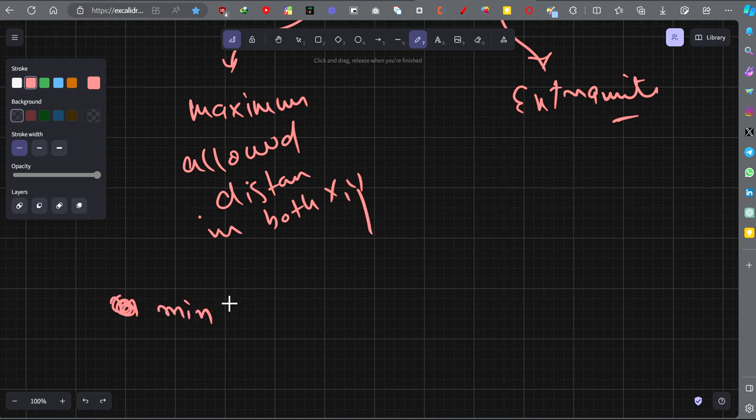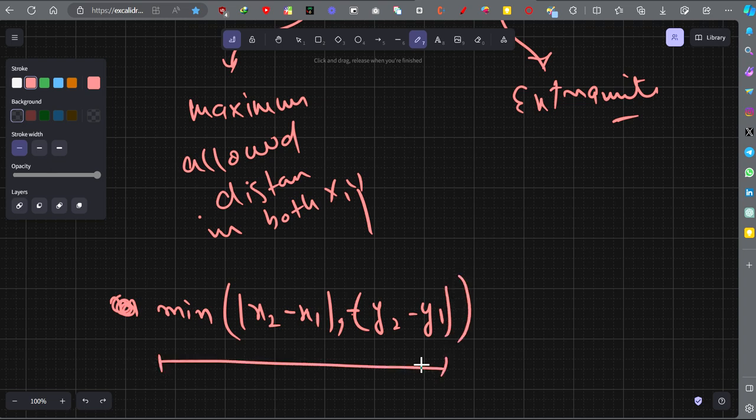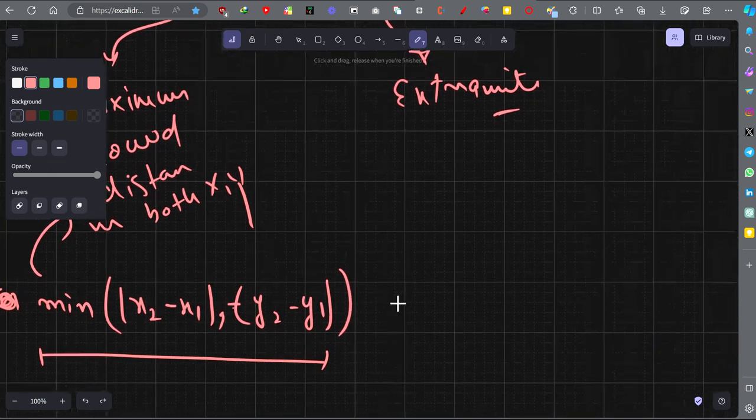We take the minimum of absolute x2 minus x1, comma y2 minus y1. This will give you the maximum allowed distance in either the x plane or the y plane, and then you will add the maximum.